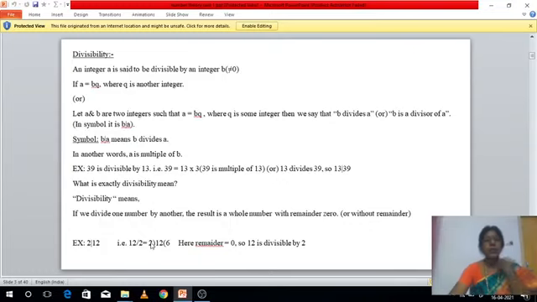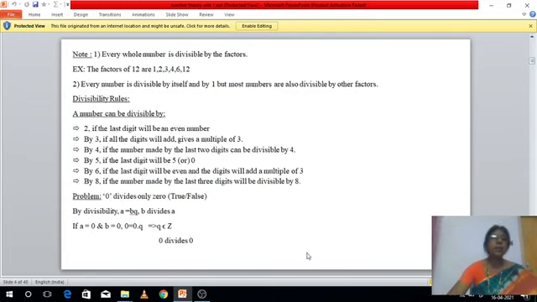So we say 2 divides 12, or 12 is divisible by 2. When we divide a number by another number, if you get remainder 0, then we say the number is divisible by the other number.